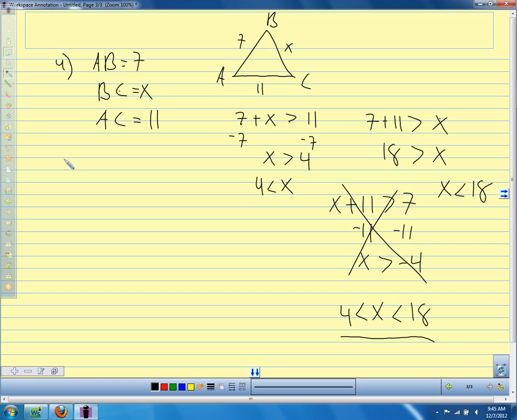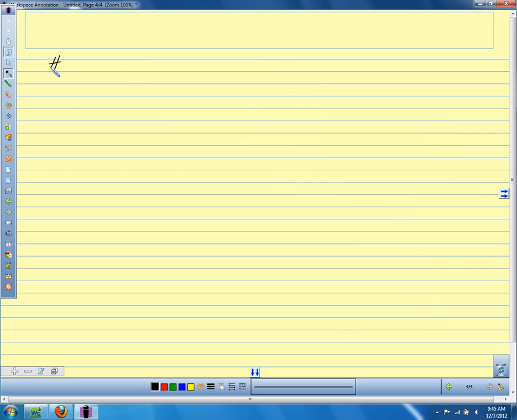So let's look at number 5. Number 5 is the same kind of problem. So we have our 3 side lengths for our triangle. It says DE is 2x, DF equals 3, and EF equals 5.